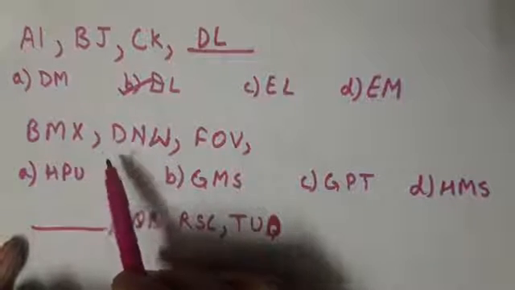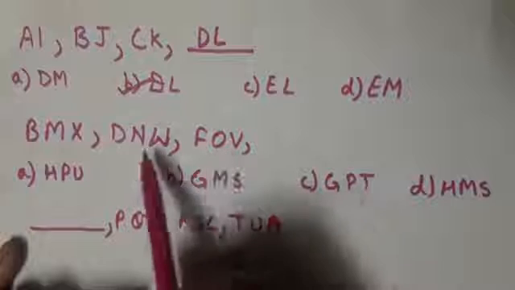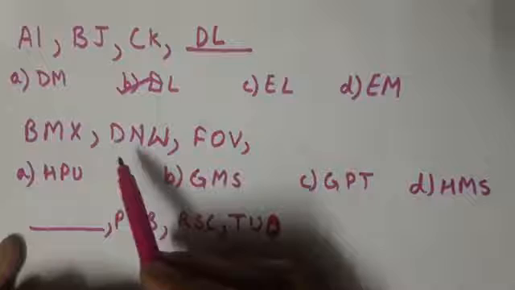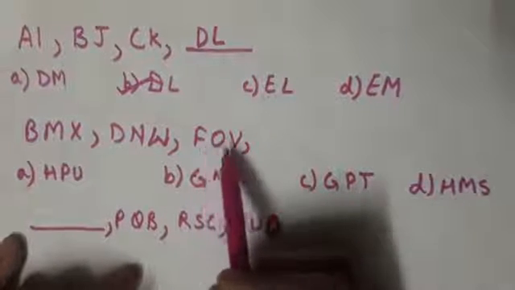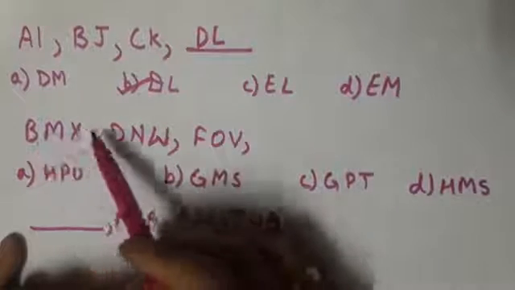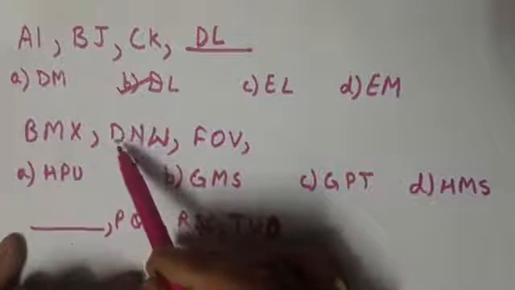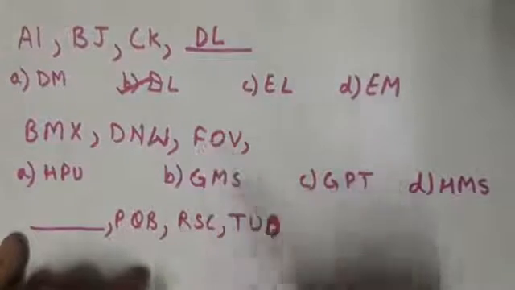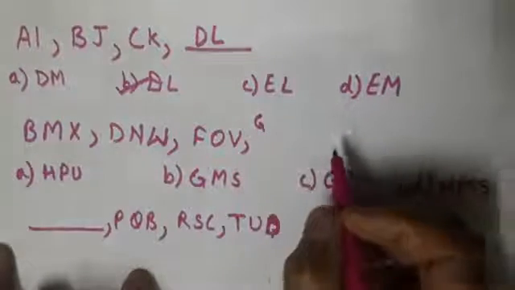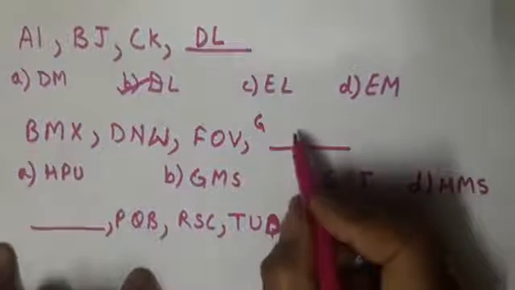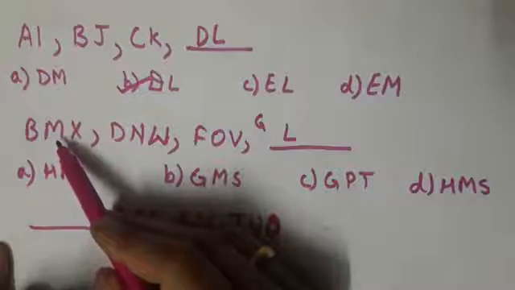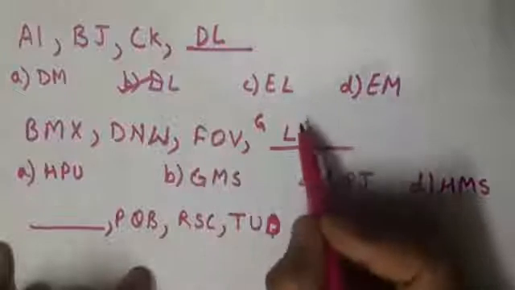Now let's continue with the next one. There are three letters in the series: BMX, DNW, BOV. So B, after B, C is left, D, after D, E is left, F. So we have to leave G and H will come. The first letter will be H. Now let's check the second letter: M, N, O, then P will come.